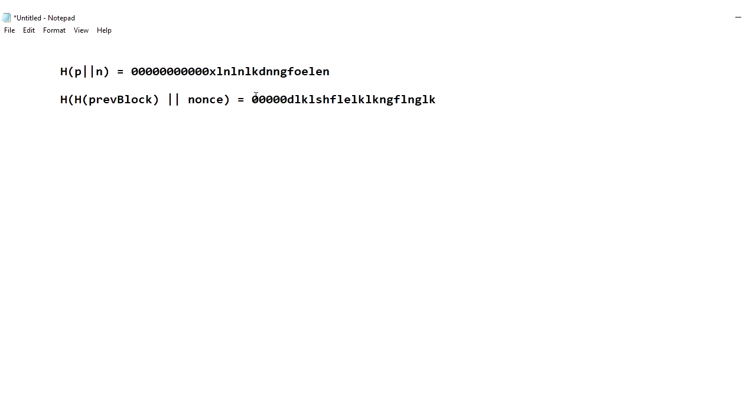Now, in my blockchain protocol, I may design it like this. I will give this hash value to everyone, so that everyone knows the previous block hash. The only thing is they need to compute the nonce value: for what nonce will I get this hash value.